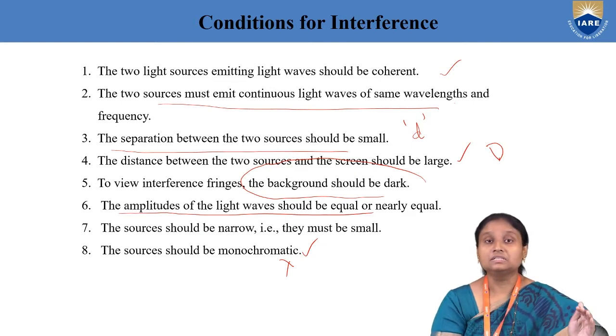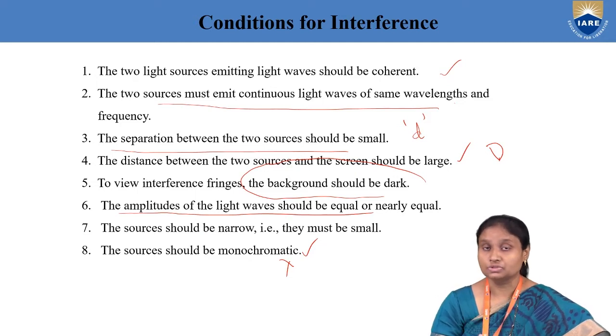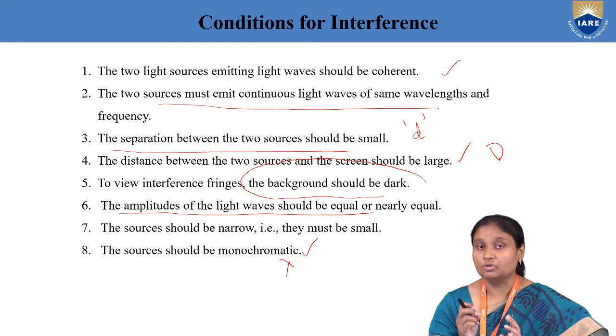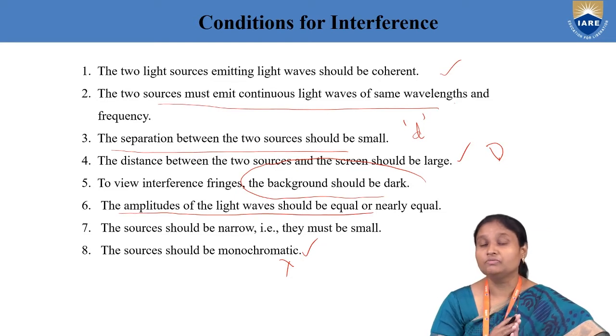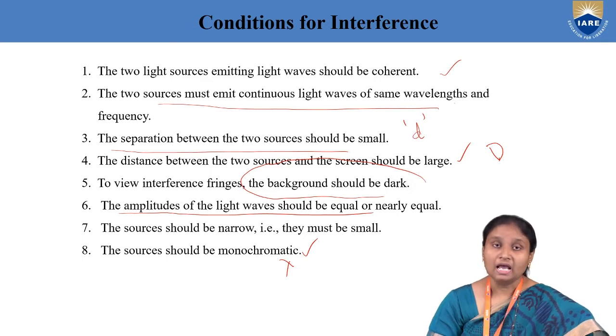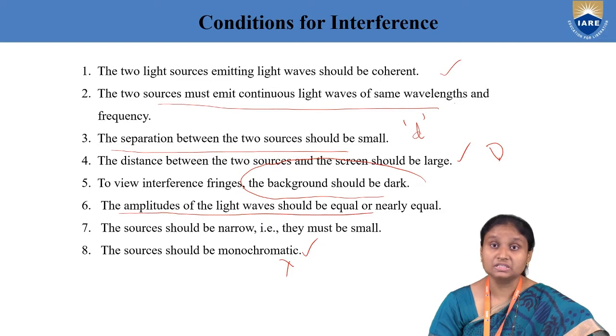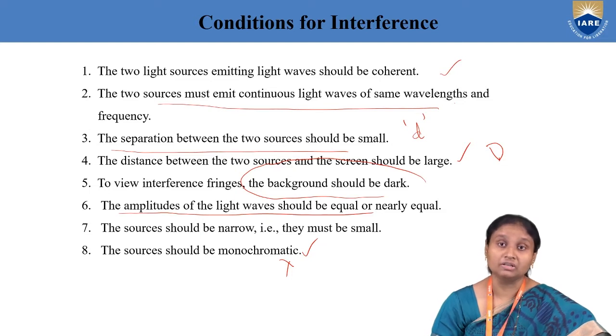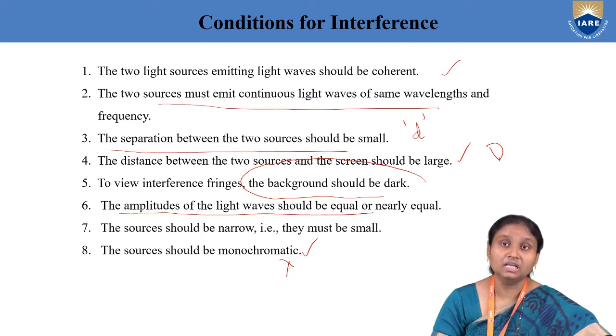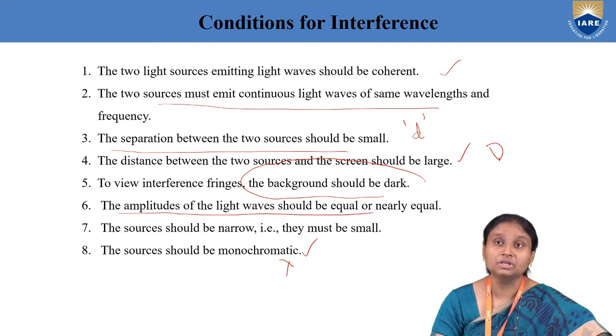And the distance between those two coherent sources should be very, very small, and the width of each coherent source we have to make very, very small. It means that our sources should be narrow, and the distance of these two virtual coherent sources from the screen, which is represented by capital D, should be very, very large. So we have to take care of all these things in order to get a good interference pattern.